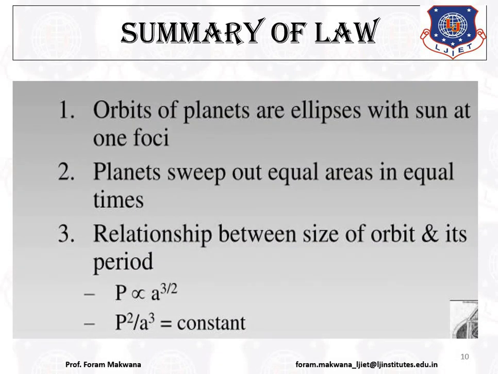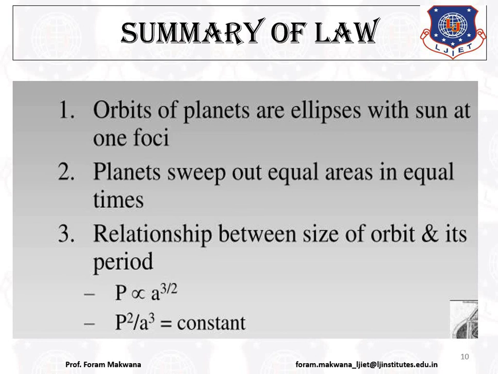Now, summary of Kepler's three laws. First law defines the orbits of planets are ellipse with Sun at one focus. Second law states planets sweep out equal area in equal time.